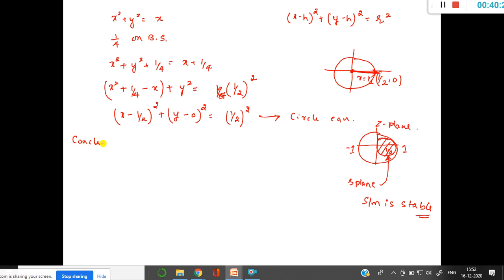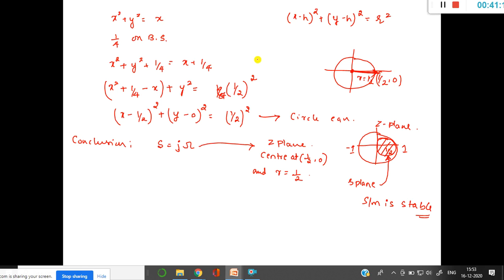So for conclusion, right? S is equal to j omega. The entire frequency mapping is mapped on the z plane with center at 1 by 2 comma 0, and the radius is 1 by 2. So this is a conclusion, and we'll try to map with the same here, with different frequencies.